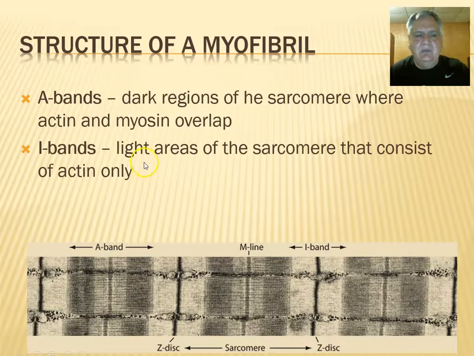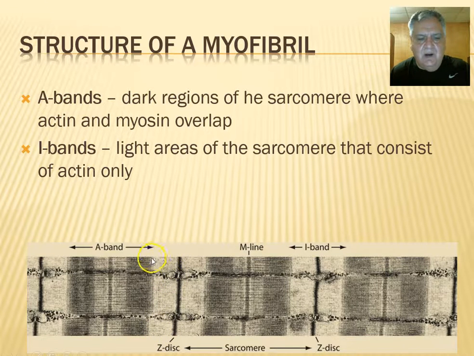In addition to the A band, you also have I bands. I bands are light areas of the sarcomere that consist of actin only. So we can see in this area right here, this is where the actin is attaching to the Z band, or the Z disc, I should say, and it's only actin, so it's much lighter because actin is much thinner than myosin is.